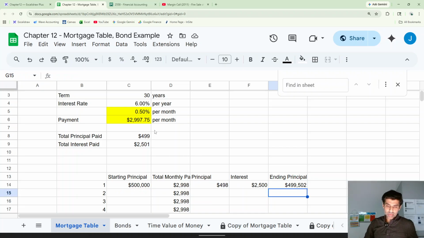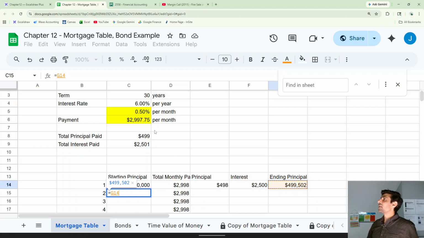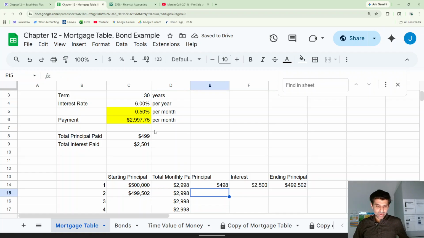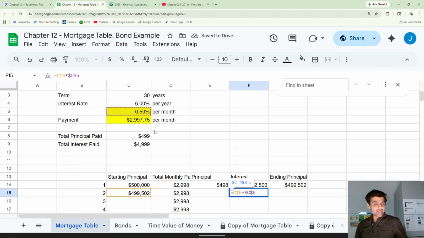Okay? So now I can just use this formula. I make my starting principal balance for my next payment the ending principal balance from the last period, and I can just apply these formulas down. Okay, so again, the interest is the starting principal balance times 0.5% or whatever the monthly interest rate is.